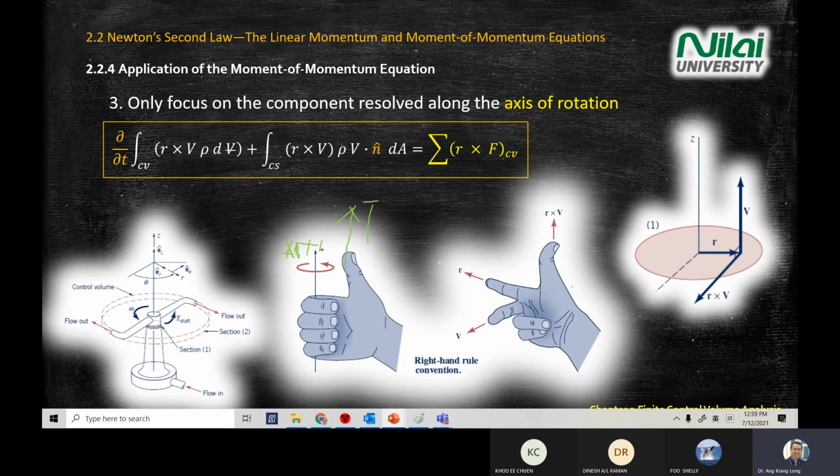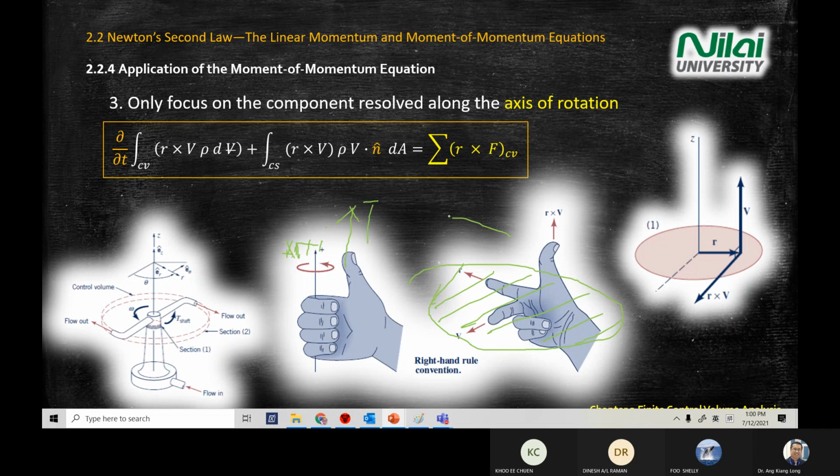And then on the right hand side, when you open your fingers like the diagram, you know that your thumb is the cross product. So for your cross product, you can see that the R and V are on the same plane, meaning the R and V are at the same reference plane.